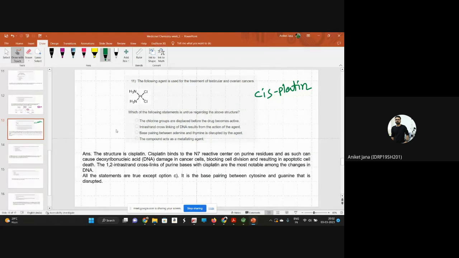This is a very common type of drug, cisplatin, and it forms chelates in the presence of DNA. We have to point out which of the statements is untrue regarding cisplatin. So the chlorine groups are displaced before the drug becomes active. Is this true or false?